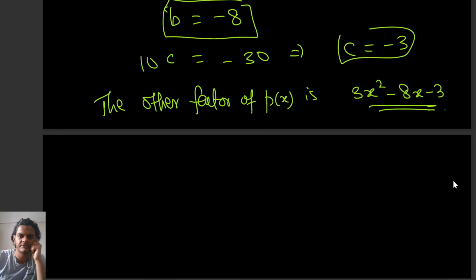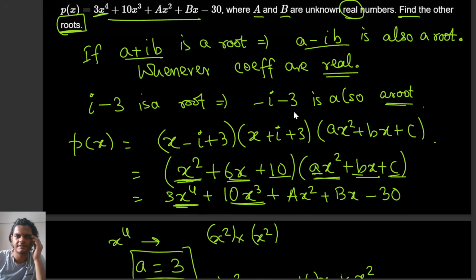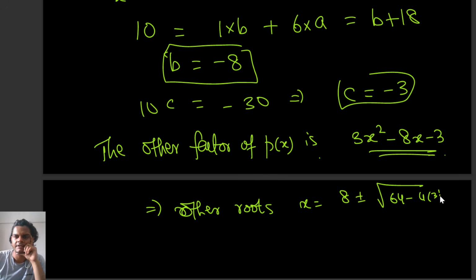So what are the other roots? We have written one root here. This is another root, and other than these two, the other roots would be x is equal to 8 plus minus square root of the discriminant, 64 minus 4 into 3 into minus 3, divided by 2 into 3.